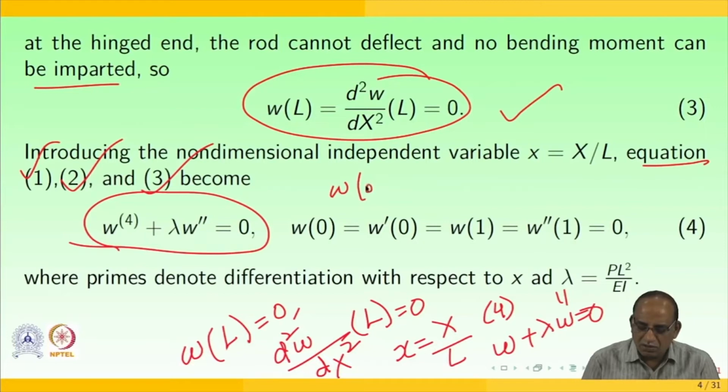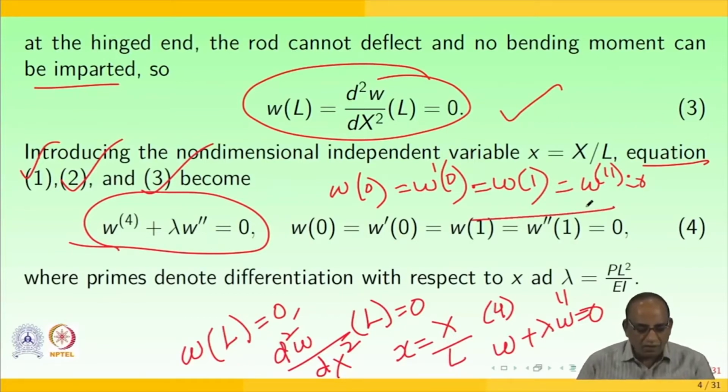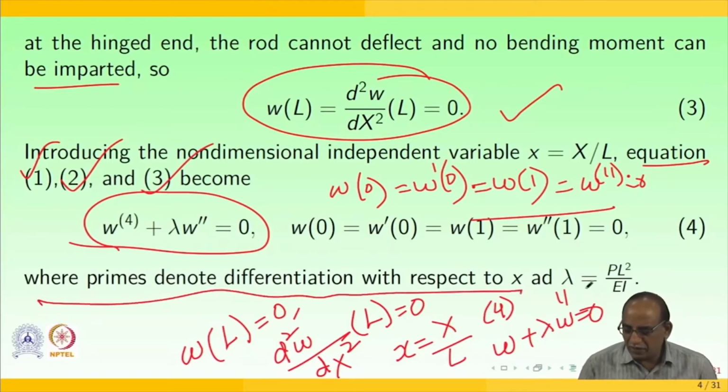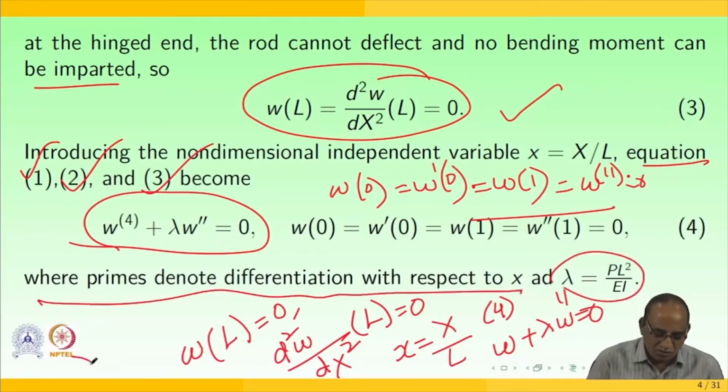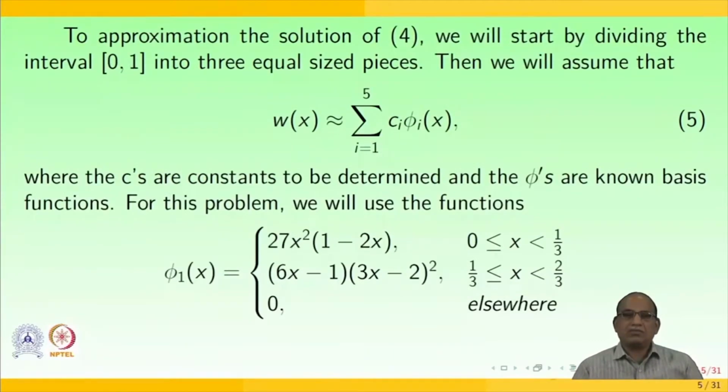So W(0) is equal to W'(0) is equal to W(1) is equal to W''(1) is equal to 0, where prime denotes differentiation with respect to x, and lambda is equal to P L square by EI.